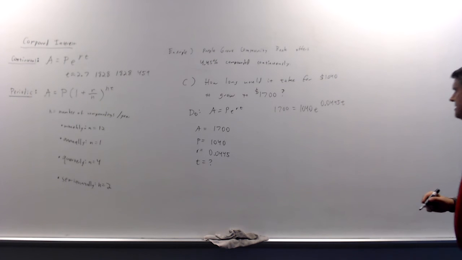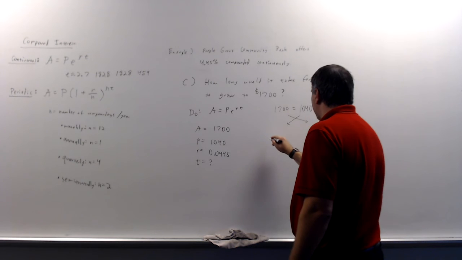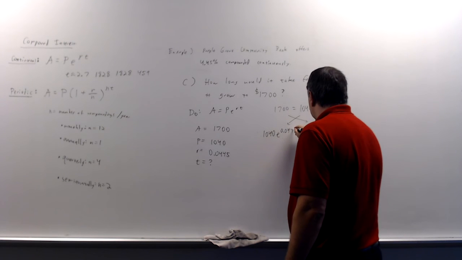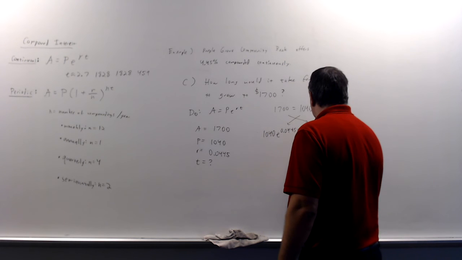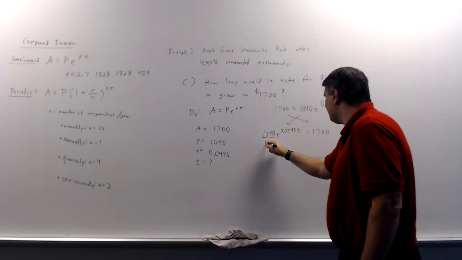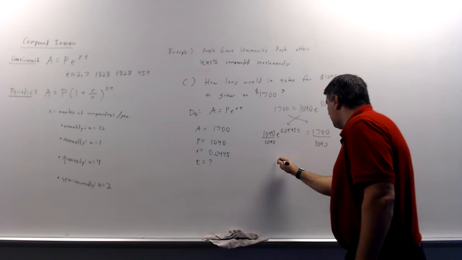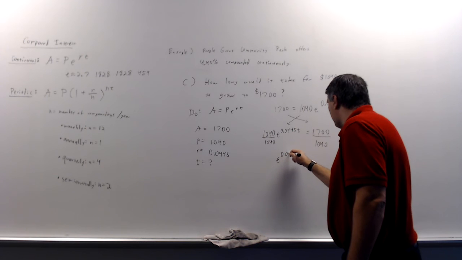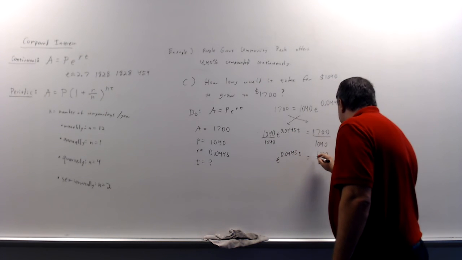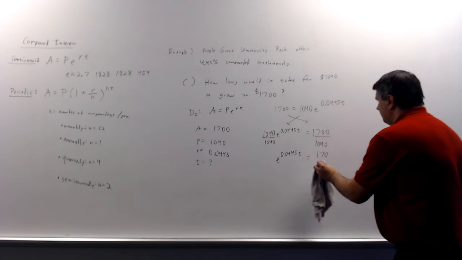Okay, T is my unknown, so I'm going to switch the sides so it's on my left. And now I'm going to divide out that 1,040 and reduce. So e to the 0.0445 t power is 1,700 over 1,040. Actually, it can be reduced even more.